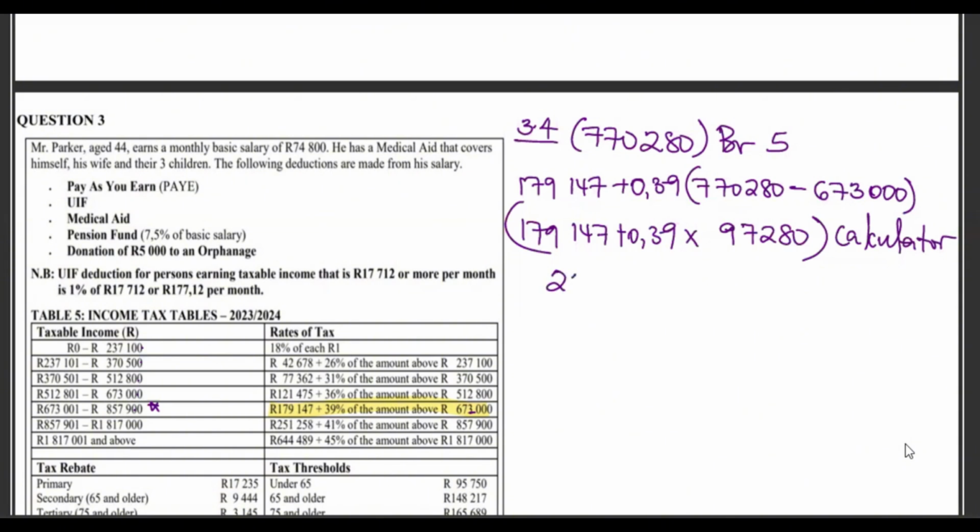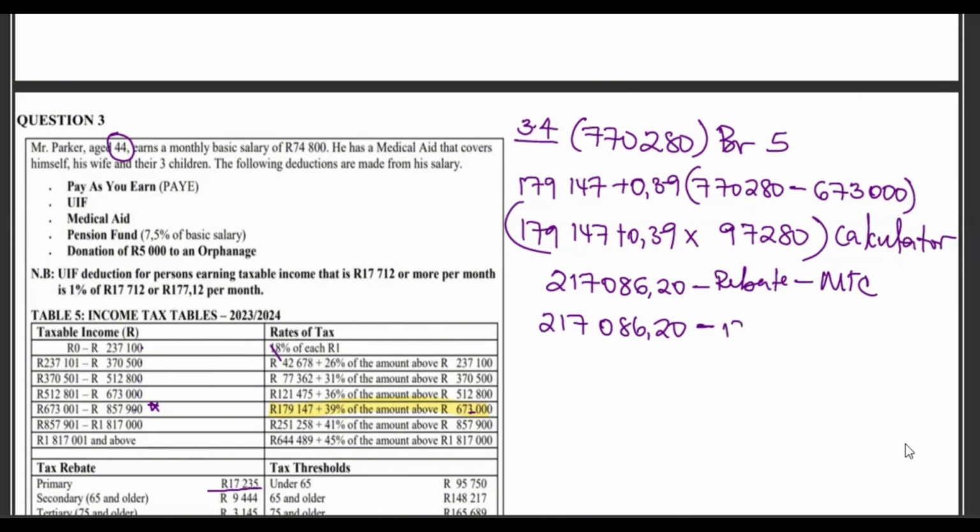So we have 217,068 rands 20 cents, minus. Now this is where we subtract the rebate and the medical tax credits. The person is 44 years of age, so he only qualifies for the first rebate, which is 17,235.